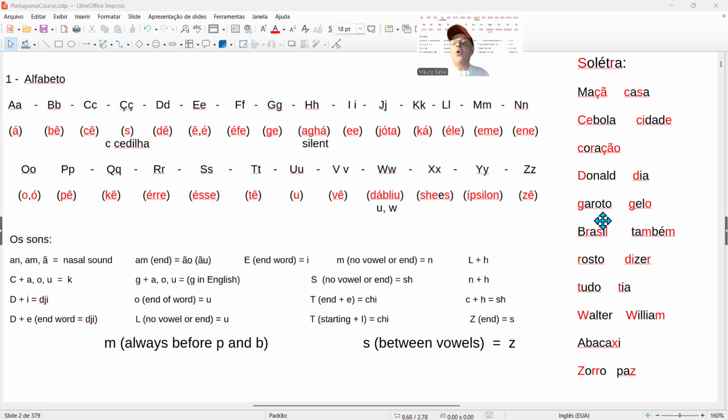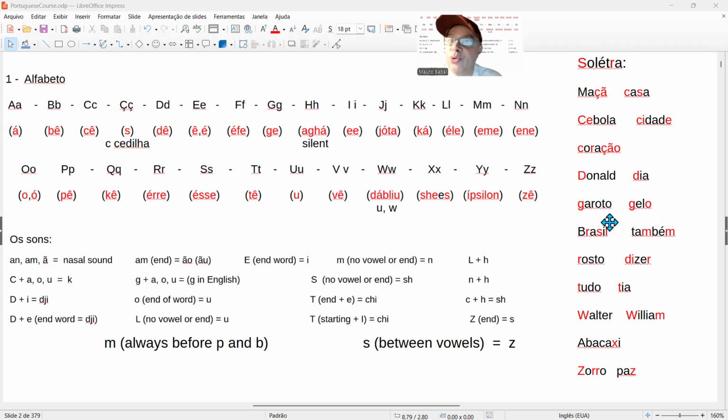Ro. Garoto. Repeat. You can sound like garoto, or remember the O at the end of the word, garoto. You choose.